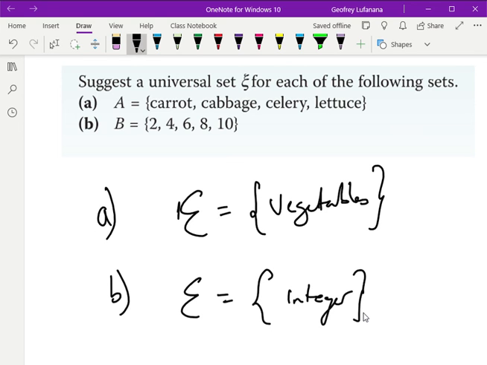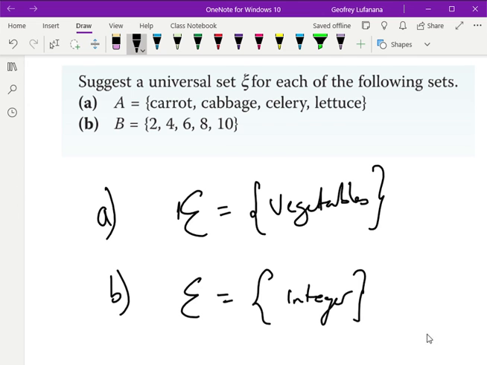If we were to look at set B as integers, whereas if we were to look at it as even numbers between 2 and 10 inclusive, the universal set would be even numbers. Or the universal set could also be multiples of 2, because set B could come from all of those sets.